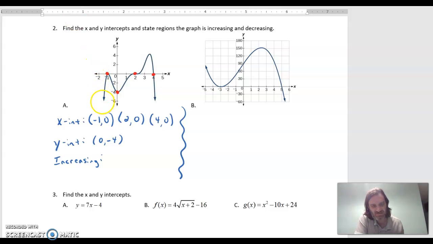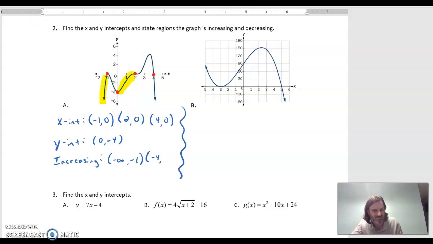So I'm going to trace the graph from left to right, and if my finger is moving up, that's an increasing region. So that happens from, I lost it, from -infinity to -1. It looks like it happens again from -4 to 2.